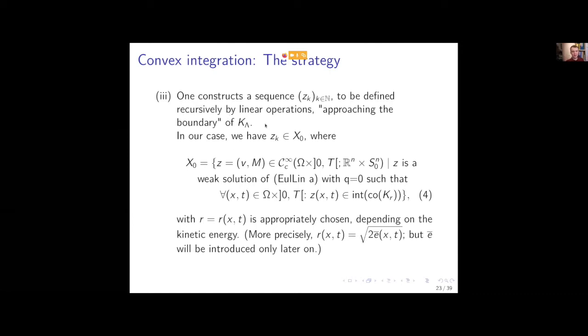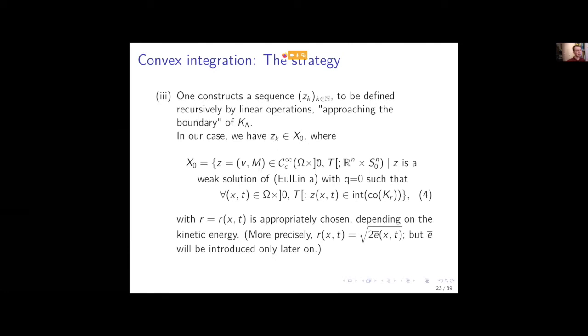Again, I'm sorry that I don't go into technicalities there, but it's very hard to understand. Actually, you have a very special way of measuring how big the distance of a solution to that function space is, and it's very technical. So I'm not going to talk about it here. But again, if you look at my text, it's very detailed in there. So essentially, we look for a bunch of solutions that are in this space.